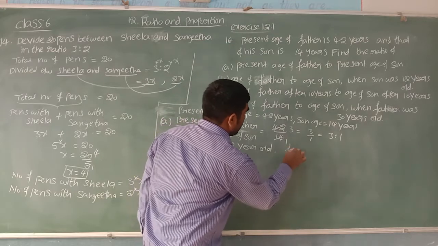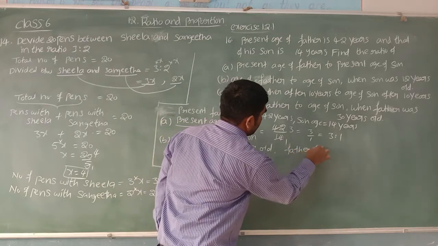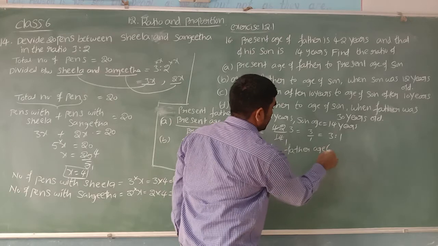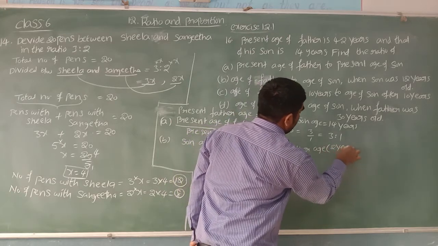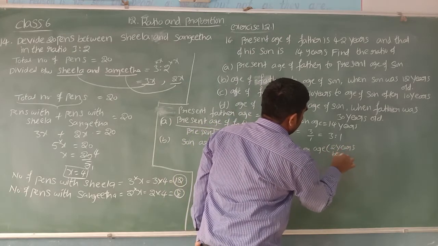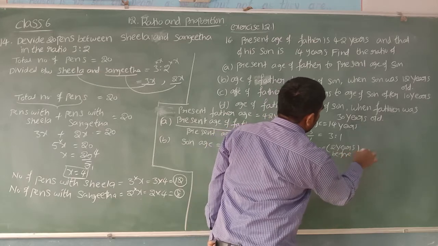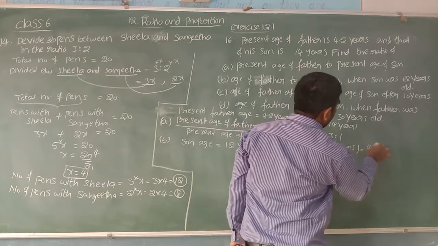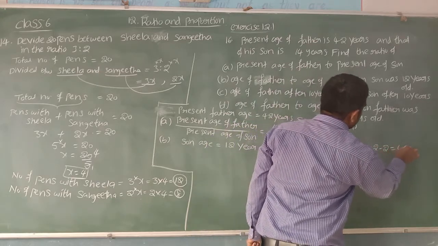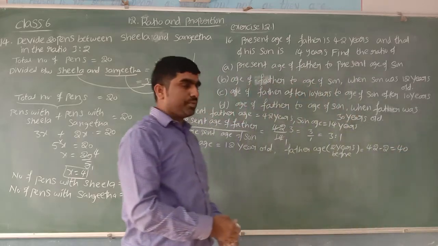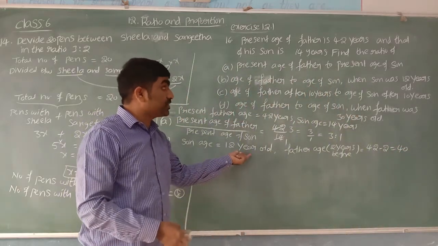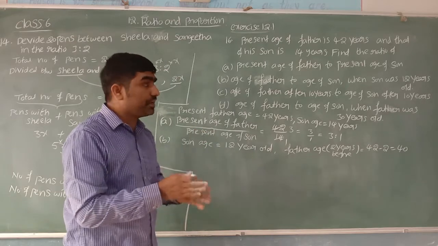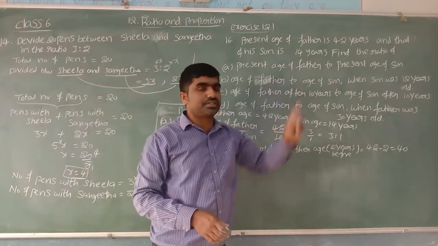We can write here now father age 2 years before. I am writing here 2 years before is equal to how much? 42 minus 2, which gives us 40. Why? Because they said son age 12 years old. Now present the son age is 14 years.